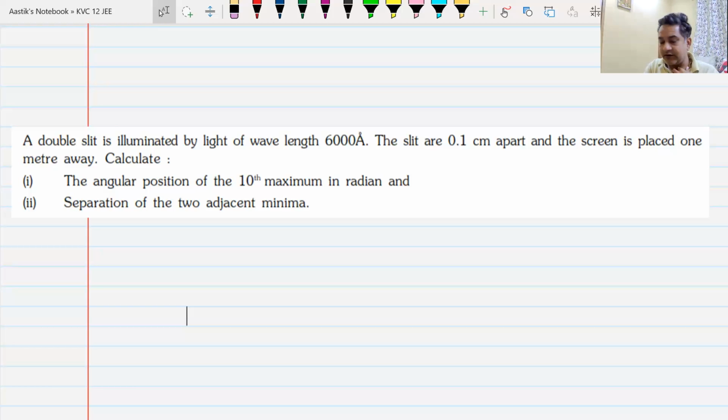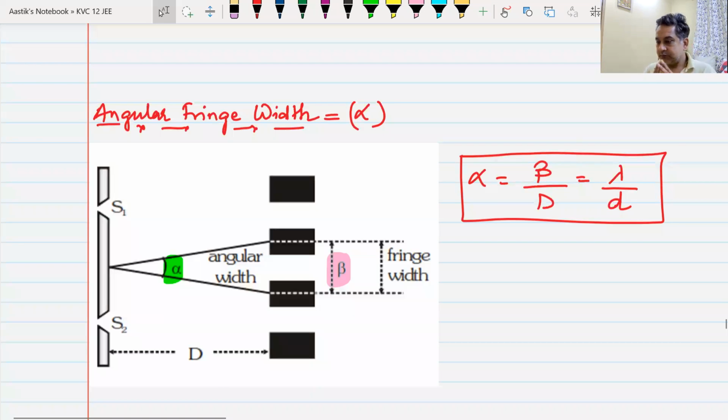Do we remember angular position? Anyone remembers angular position? They're asking the angular position of 10th maximum.